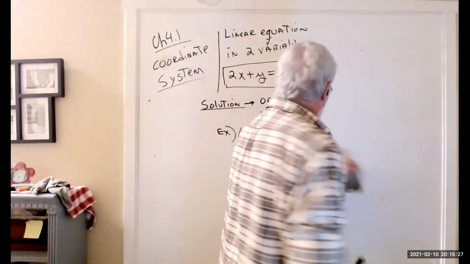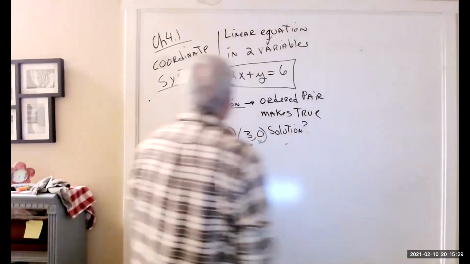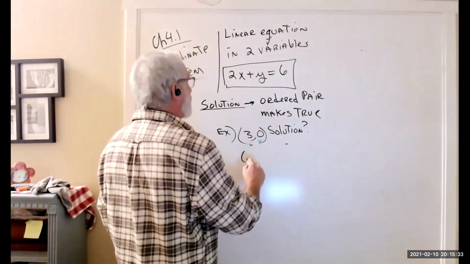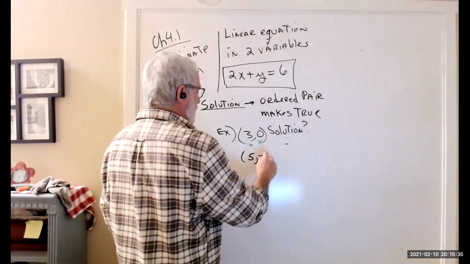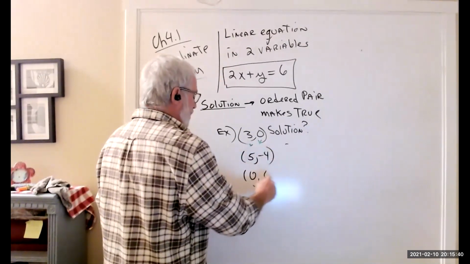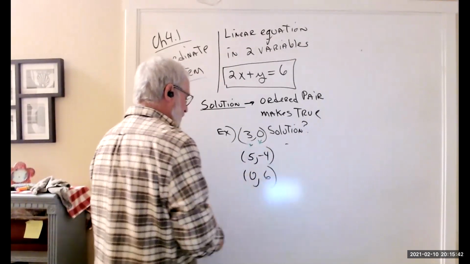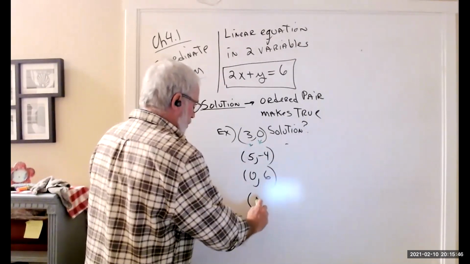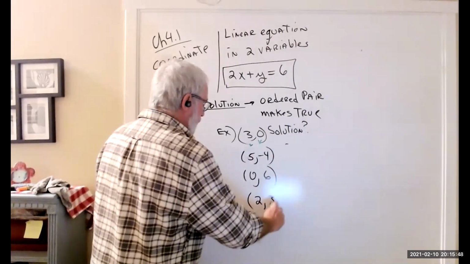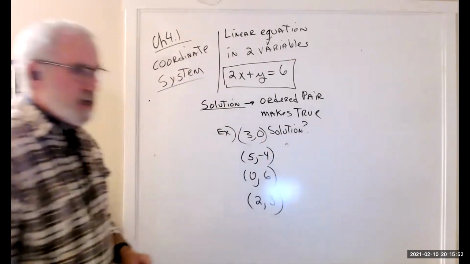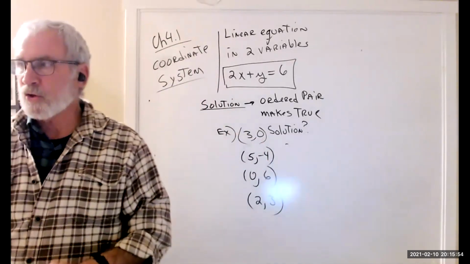Okay. What about (5, -4)? What about (0, 6)? What about (2, 3)? Try those. Just put yes or no. Is each one of those a solution or not?